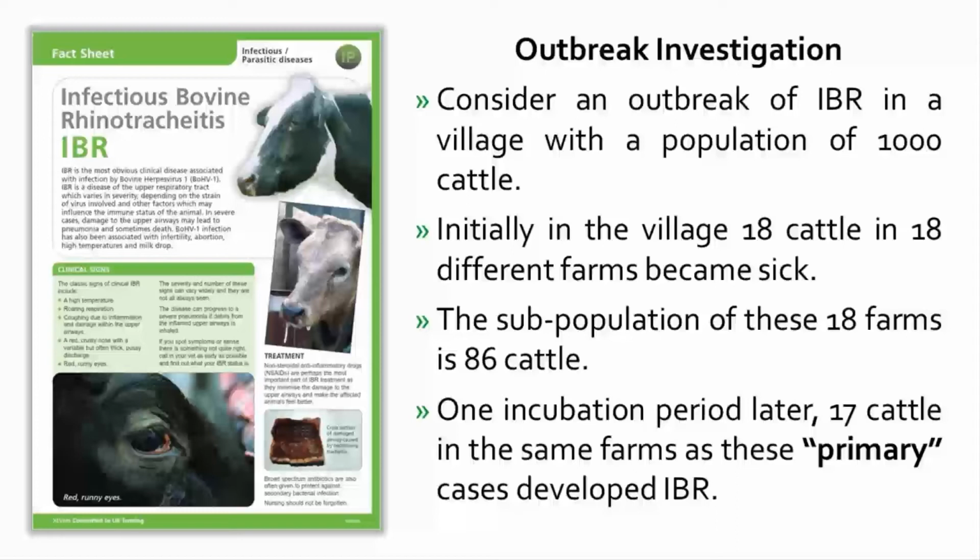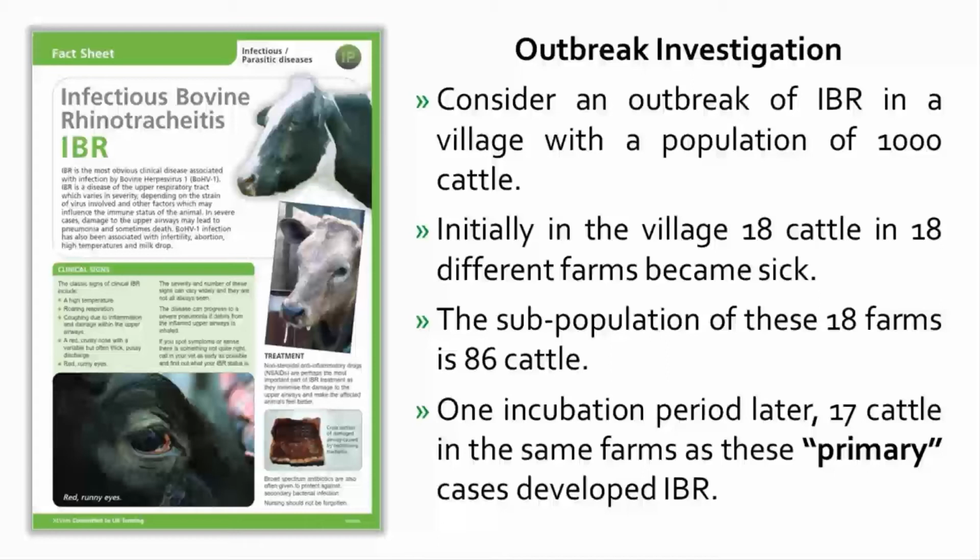Let's suppose we have a naive population in a village and we have an outbreak of IBR. The village has in total 1,000 cattle. Initially in the village there have been 18 cases in different farms, so we have 18 cases in 18 different farms.